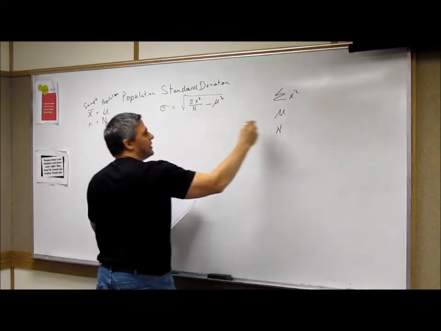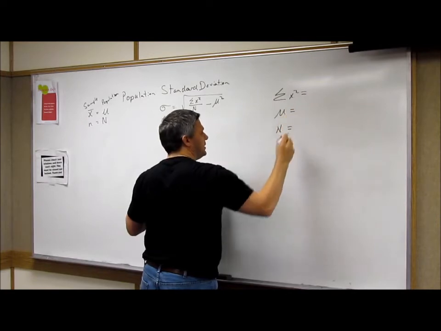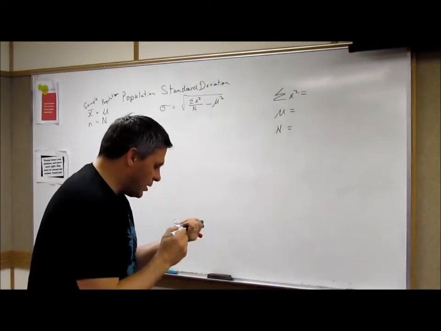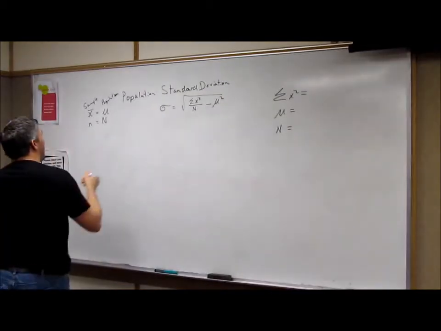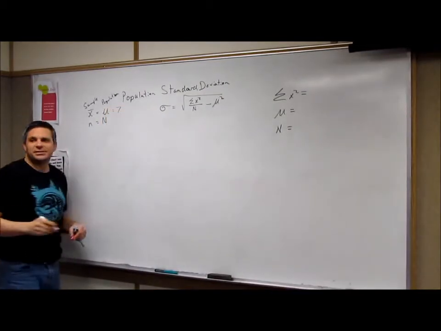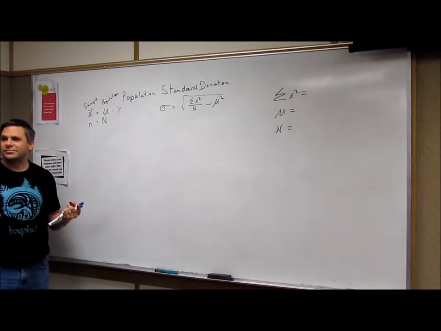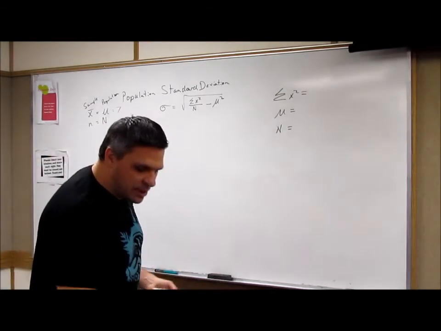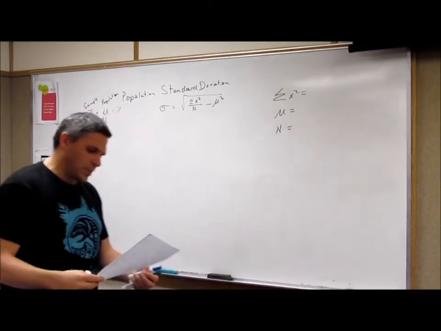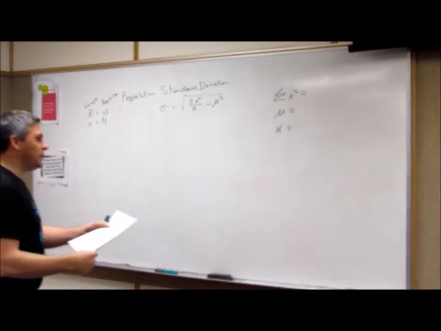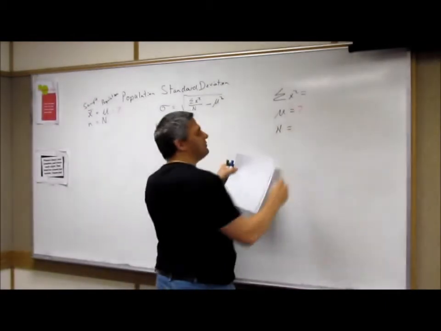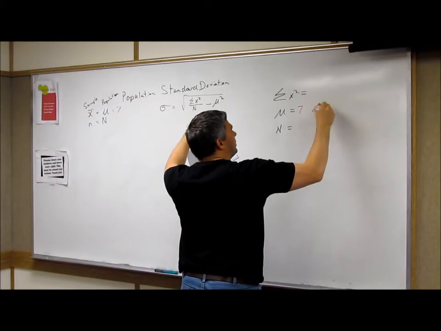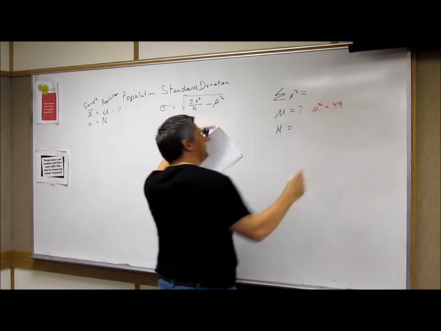In problem number 2, we found mu to be 7. But what we need is mu squared, which is 49.